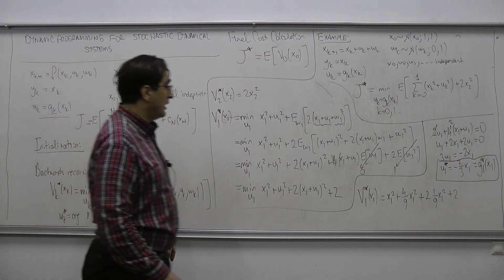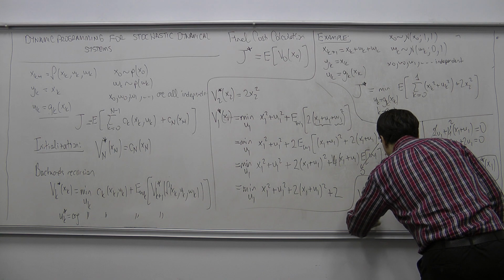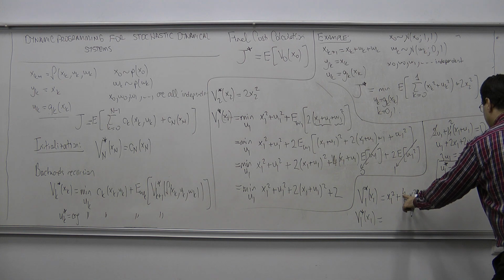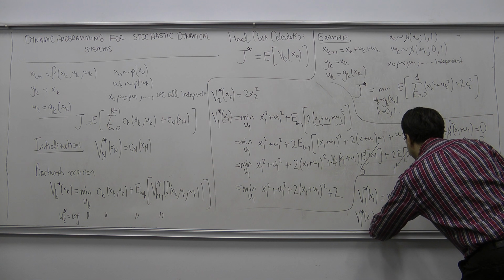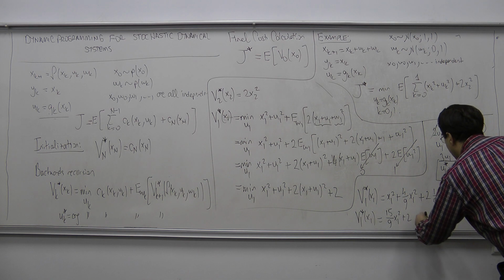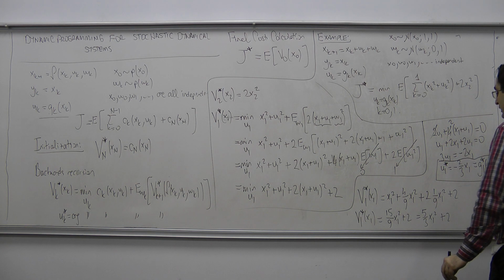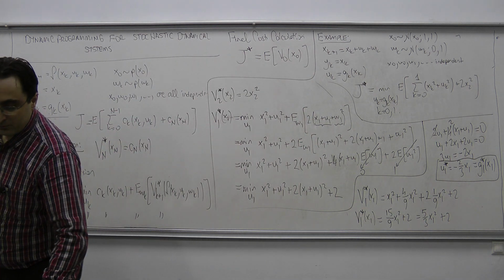Now if I calculate this v1 star of x1, it's going to be 9 plus 4, 13, plus 2, I have 15/9 x1 square plus 2, and 15/9 is 5/3 x1 square plus 2. Okay? This is our optimal cost to go at time 1.